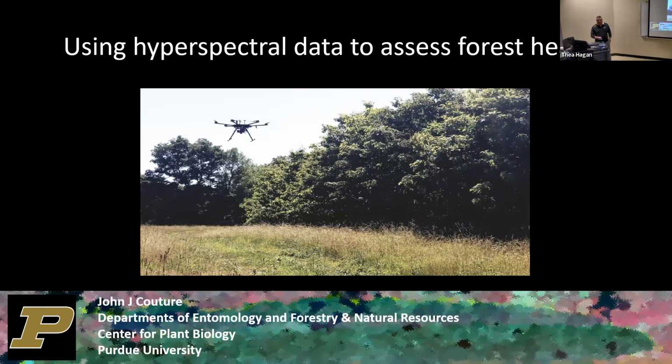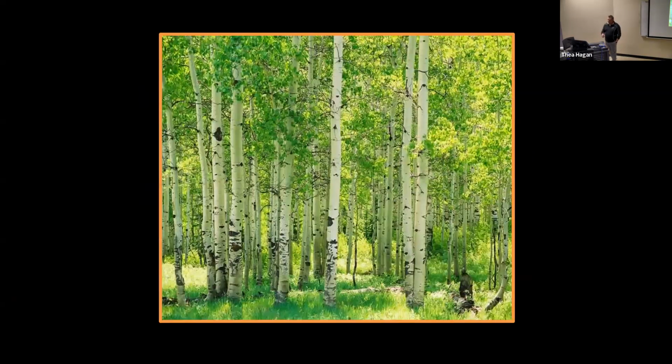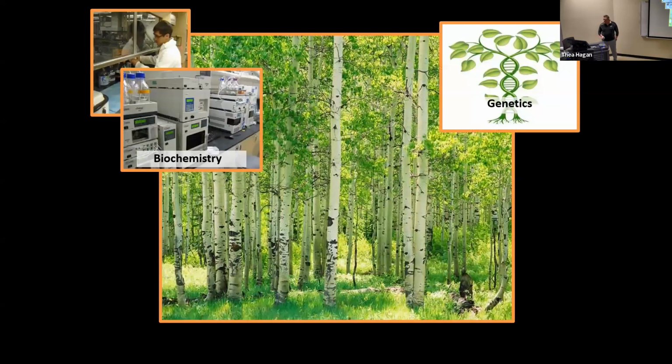So today I am going to talk about how do we use hyperspectral data to understand plant and forest health. And I usually start with this slide because it helps me give context to a lot of the thinking that I do about this. We're at a very interesting time in plant ecology, right? Never before have we had access to such level of omics style data. Think of chemistry, think of genetics, think of genomics, think of CRISPR, think of all of the advances that we have when we can manipulate plants and understand them.